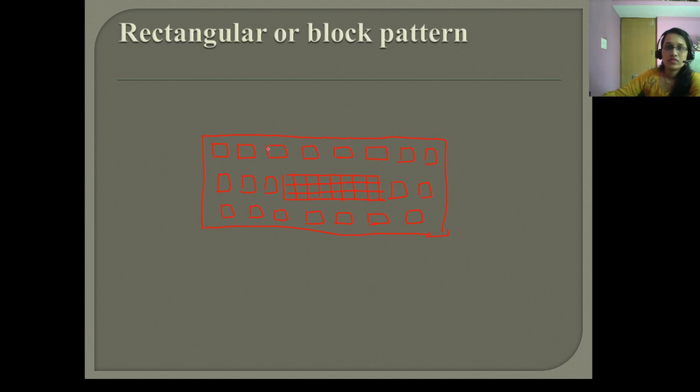So this is the built up area. This is the main road. Central business area.